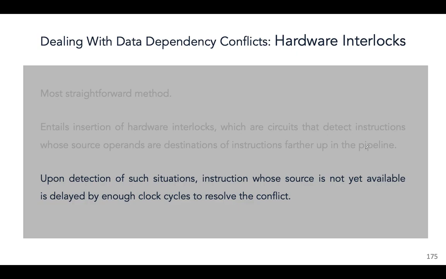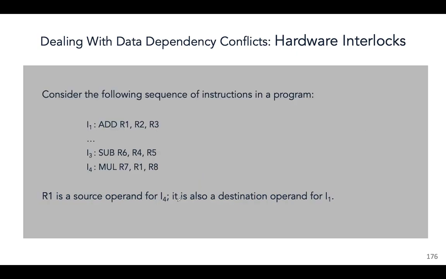Now, it's very simple to understand. Consider this sequence of instructions. This is a hypothetical sequence of instructions. We have instruction 1, addition, then there is another instruction in between, then there is instruction 3, which is a subtraction operation, and then there is instruction 4, which is a multiplication operation. All right. Now you can see that in addition, R2 and R3 are used, the result is stored in R1.